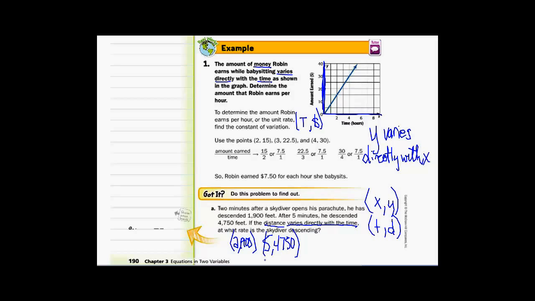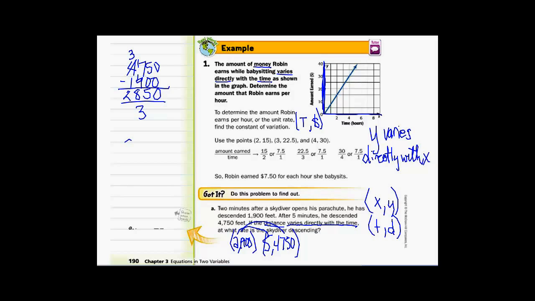So I've got y2 minus y1, so 4,750 minus 1,900. I had to borrow from there. So 2,850. That's my difference in my y's over my x's, x2 minus x1, which is 3.